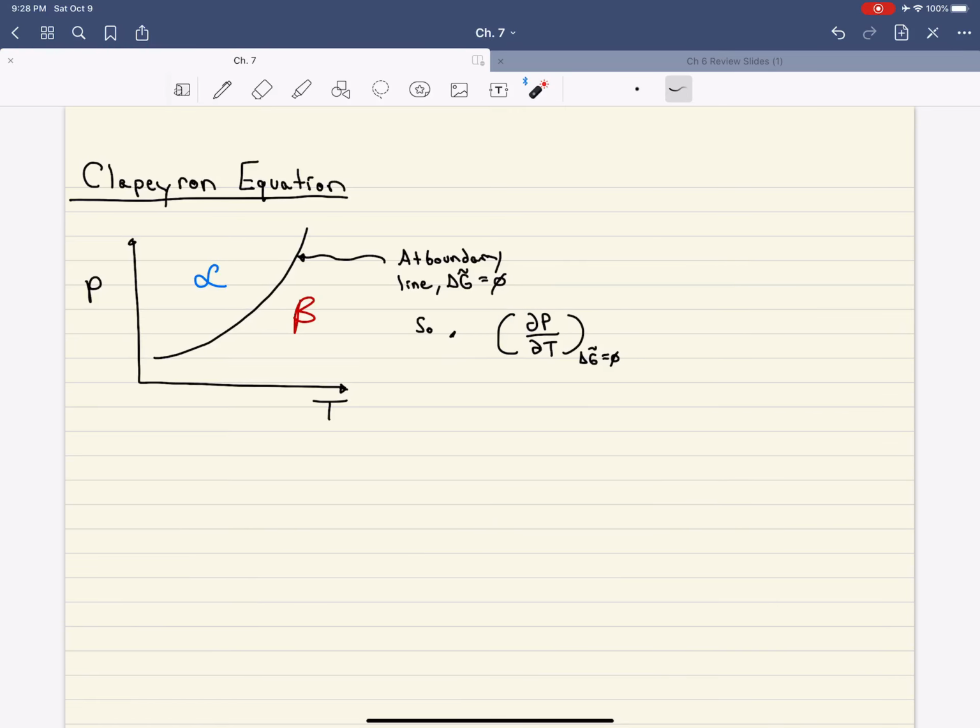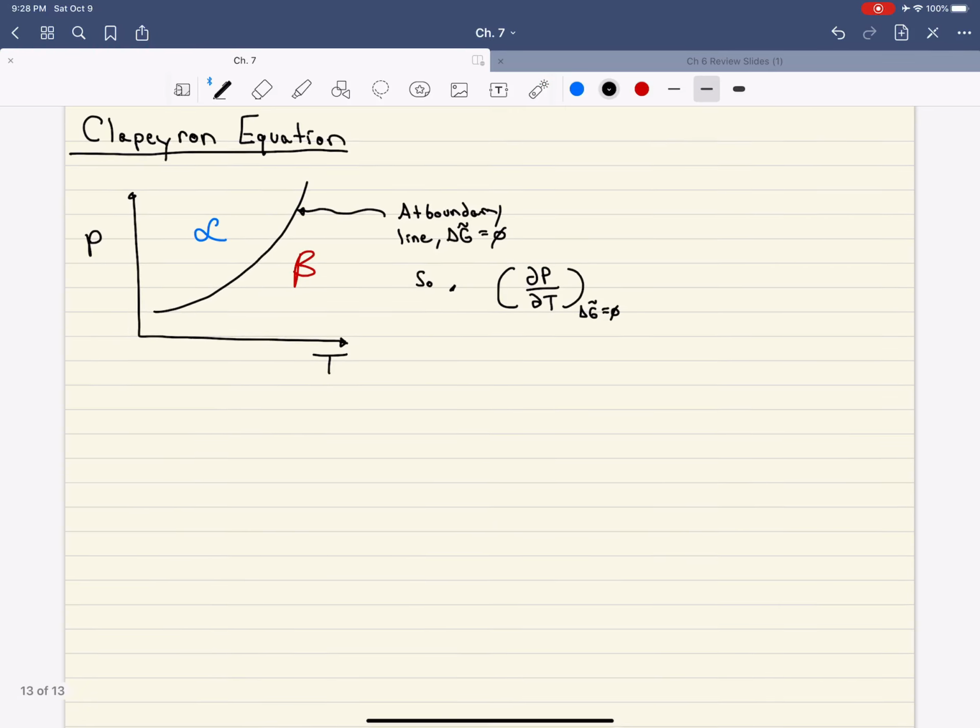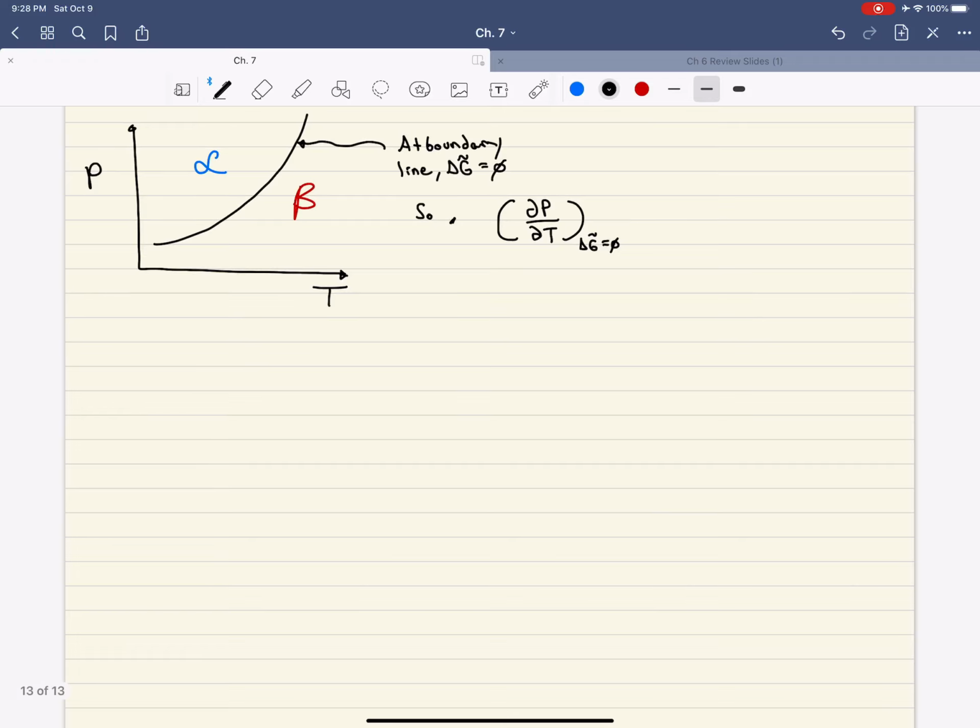And so, we have this here. And what we could do to turn it into something that could allow us to calculate values is we could apply the triple product rule. Okay?